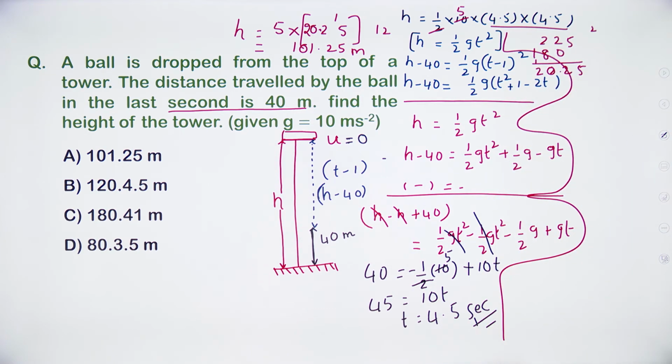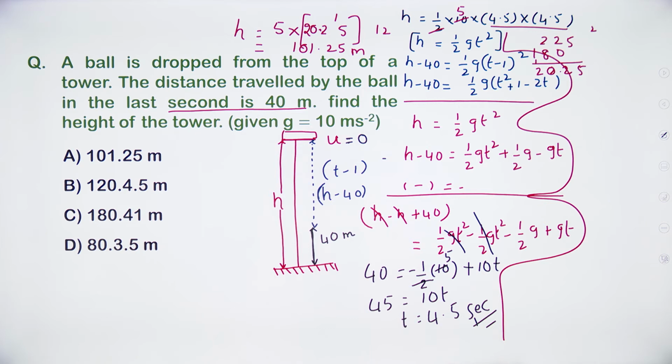Everyone has to look into that matter what we have been solved. If you want to get that h value, we have taken two equations. The first one is the equation of motion, h is equal to 1 by 2 g t square, that is very simple.